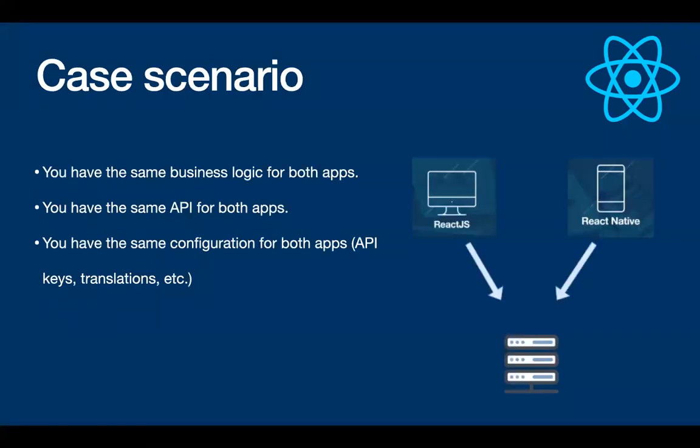Okay, so as you may know, there are a lot of situations in which our client or the project requires us to build a web app and a mobile app that have a lot of things in common. Maybe they have the same business logic, they hit the same API, or they even have the same configuration.